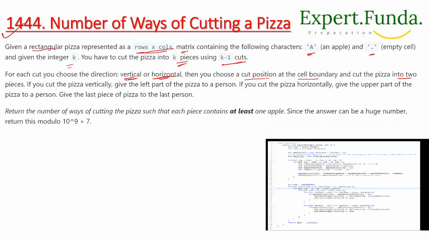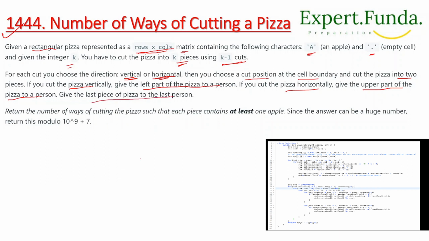If you cut the pizza vertically, give the left part of the pizza to a person. If you cut the pizza horizontally, give the upper part of the pizza to the person. Finally, give the last piece of the pizza to the last person.